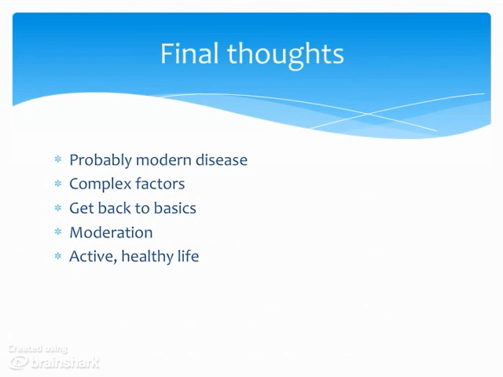But it's a complex disease, and there are many factors that intertwine. It seems the main thing to do to cure it is to get back to basics, to live a life of moderation, not eat too many fatty things, and to lead an active and healthy lifestyle. And I hope that everybody in the class can certainly do that in the future.